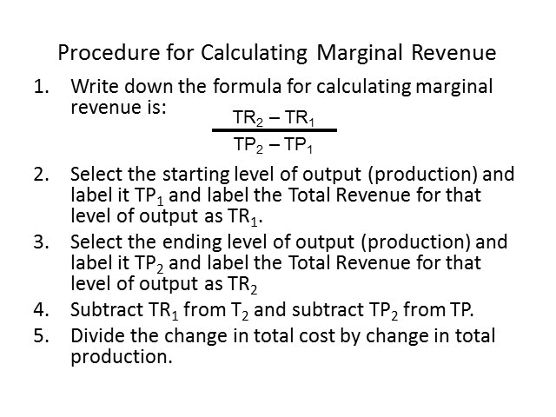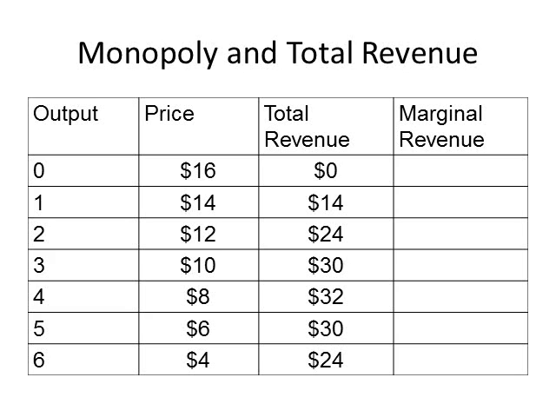Select the ending level of output production and label it TP2, and label the total revenue for that level as TR2. Subtract TR1 from TR2 and TP1 from TP2, and divide the change in total revenue by the change in total production.